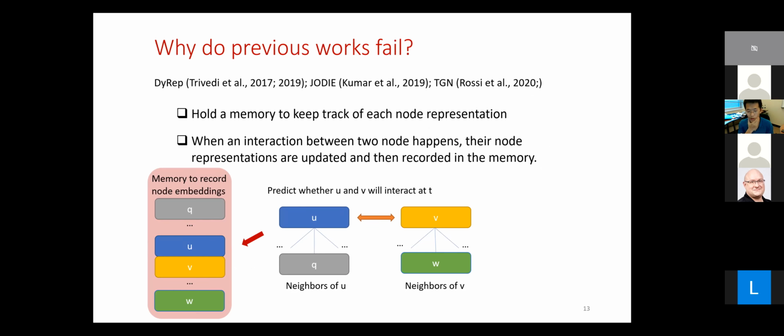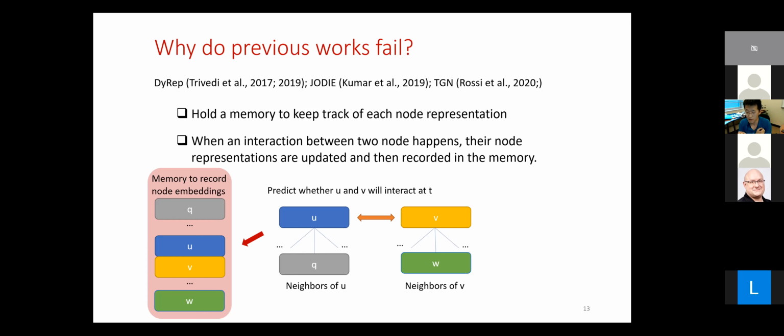For example, if we ask this model a query like whether there is a link between U and V at time t, the model will select the node embeddings of nodes U and V and maybe their neighbors, and run a GNN model, maybe GAT or a different type, it doesn't matter, and then make this link prediction by combining the two node embeddings.